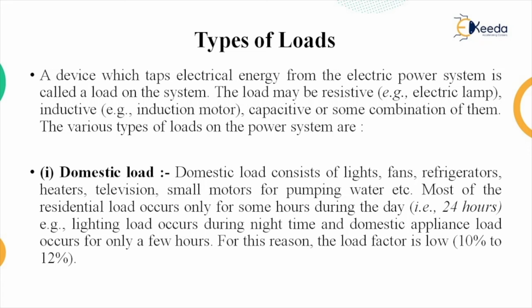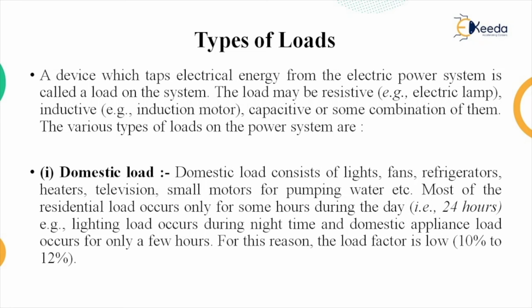Load may be resistive, for example electric lamp; inductive, for example induction motor; or capacitive. Capacitive means synchronous motor or capacitor, fixed or variable capacitor, or some combination of them, meaning combination of resistance and inductance, combination of resistance and capacitance, or combination of resistance, inductance and capacitance are also types of load.